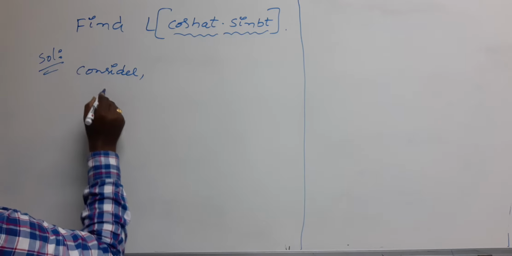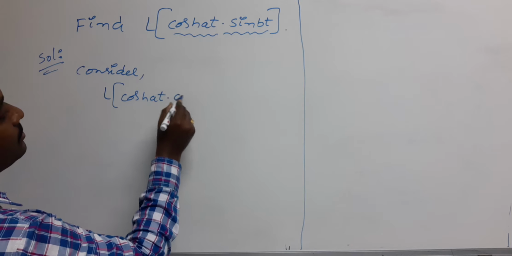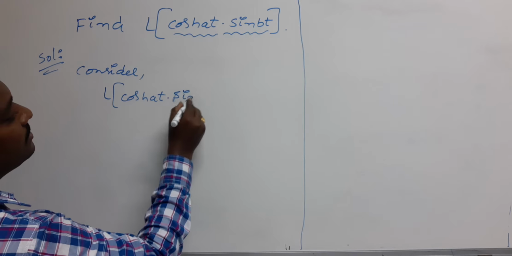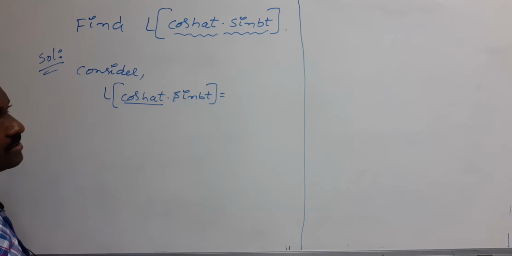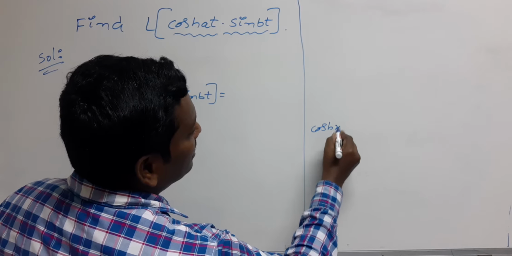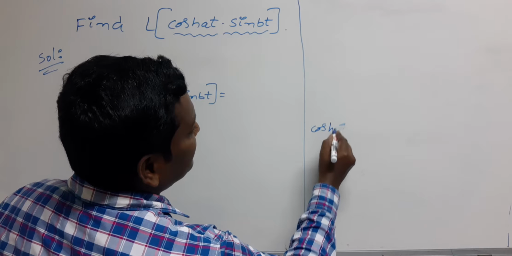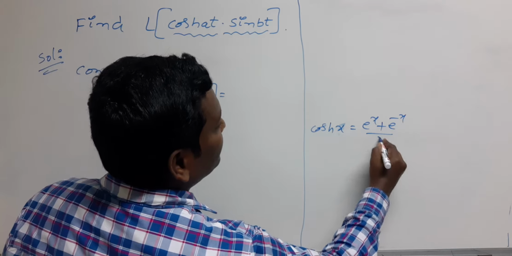Consider L of cosh(at) into sin(bt) is equal to, so cosh(at) is known as a hyperbolic function. By the definition of hyperbolic function, cosh x can be written as e power x plus e power minus x by 2.